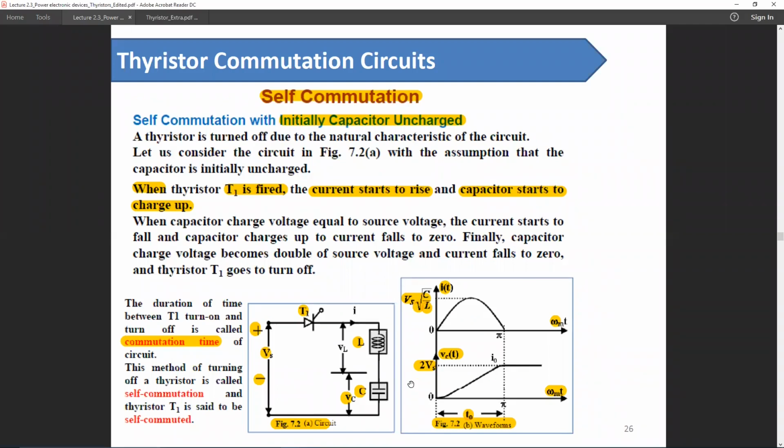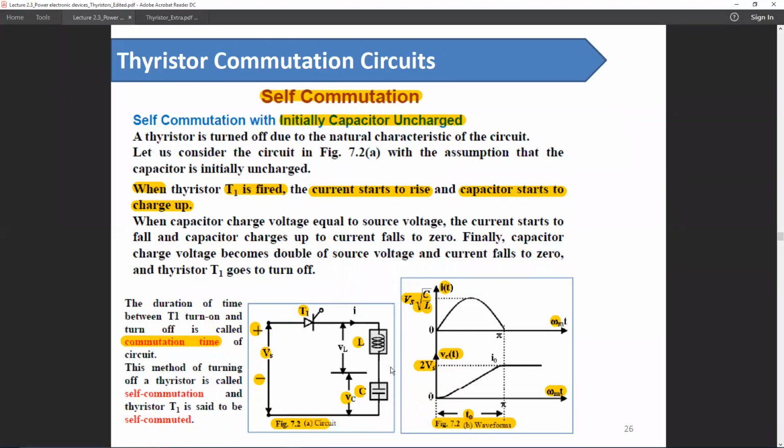Again, in case of a normal capacitive charging circuit, the maximum voltage of the capacitor doesn't exceed the supply voltage. But in case of an LC circuit, the capacitor voltage can go beyond the source voltage if it is coupled with a thyristor. So why is that so?